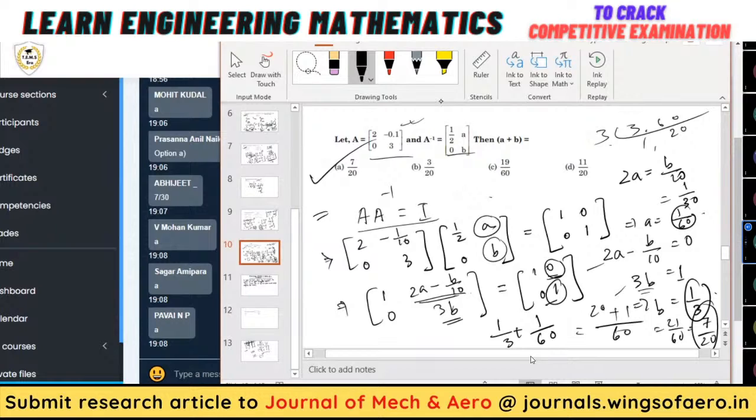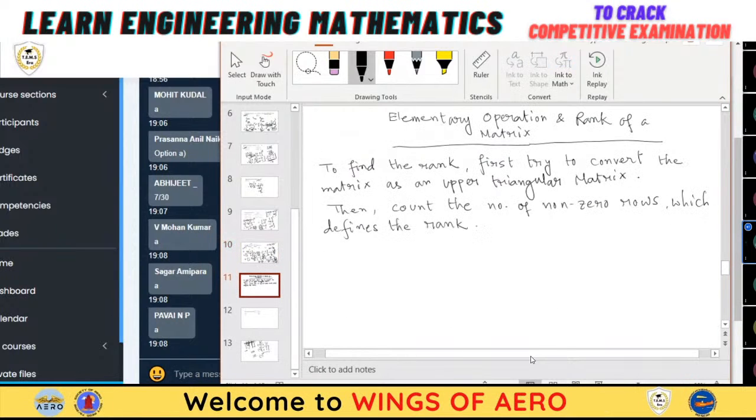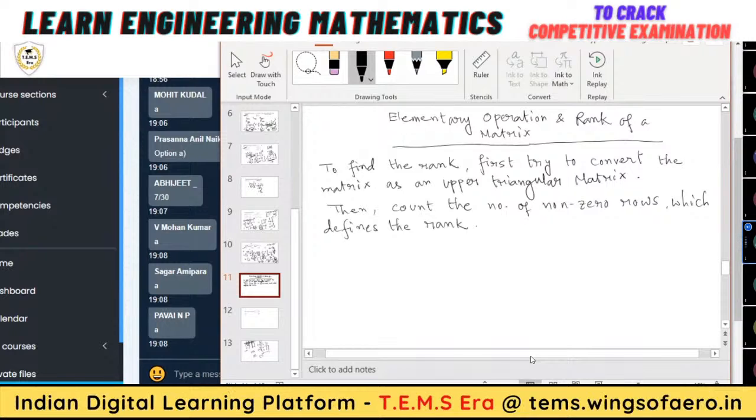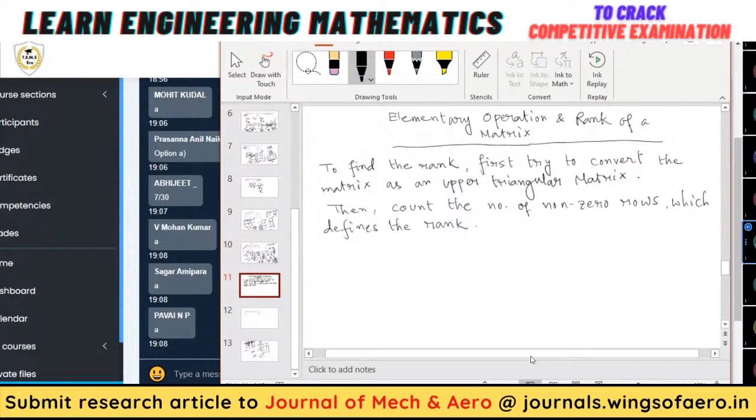Now the second part, which is matrix 2, that is the advanced part of the matrix, which is related to elementary row and column operations, rank of a matrix, and eigenvalue and eigenvector of a matrix. And solving of system of linear equations. There are many tricky questions out there from solving of system of linear equations.